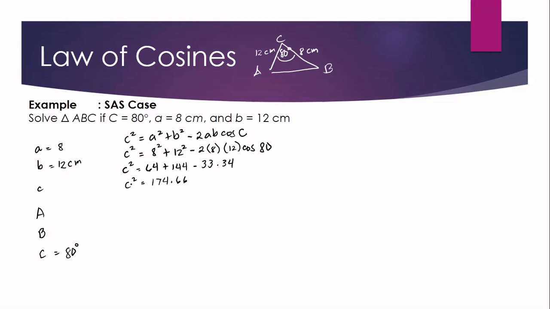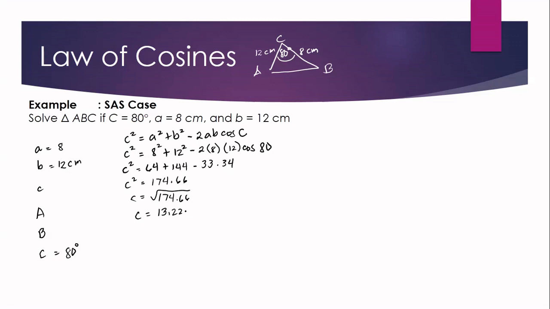We have here C squared, so we need to get the square root. For us to get C, we need to get the square root of 174.66. So our C is equal to the square root of 174.66, which is 13.22.